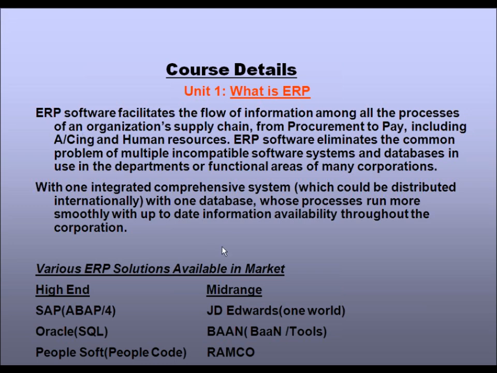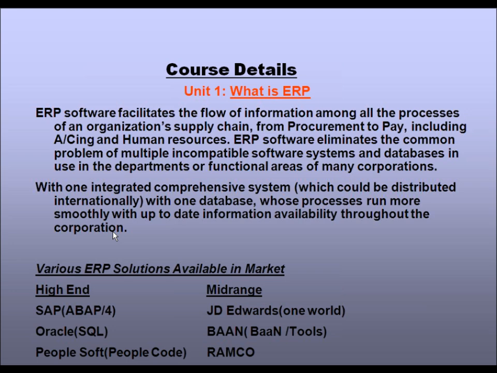So therefore, with one integrated comprehensive system, which could be distributed internationally with one database, the processes run more smoothly, with up-to-date information available throughout the corporation. That means avoid using one system for vendor management, another system for accounts payable, one more system for purchasing. Instead of using so many systems, use only one system which is comprehensively integrated across all modules, which can be distributed across geographies, and which contains only one database.